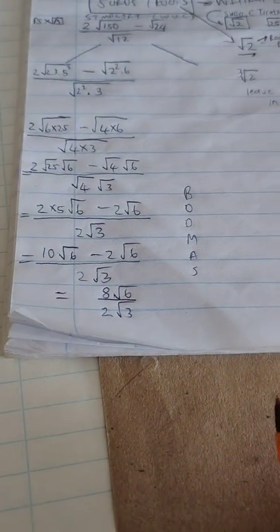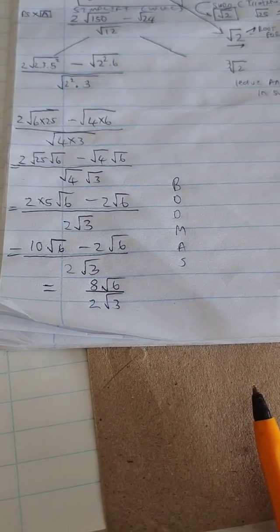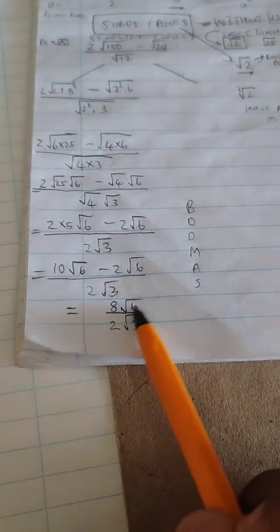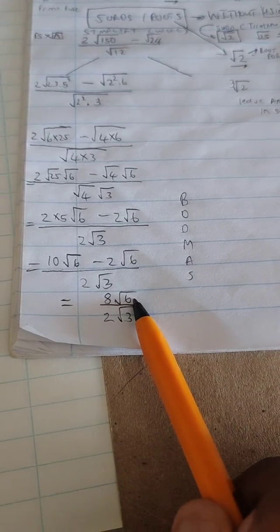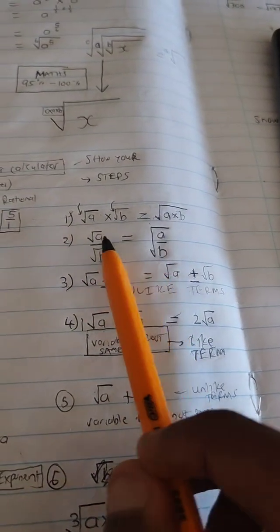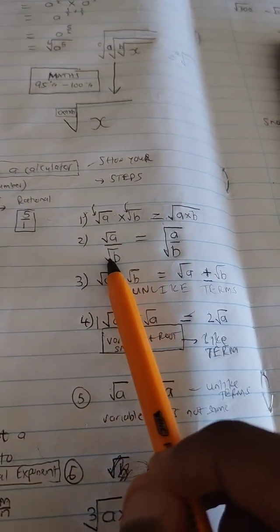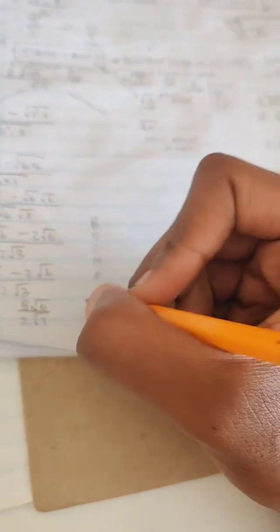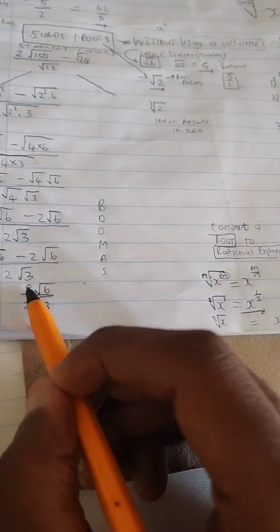Over, we have a 2 and a root 3. I'm sure you can see the simplification from here. The relationship we have now is 8 multiplied to this and 2 multiplied to that. Go back to the rules. I see a square root and a square root, numerator and denominator, which means the 8 divided by 2 will take care of itself.